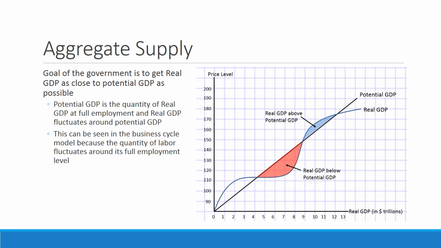The goal, of course, is to hit the black line. In reality, you don't want the expansions, because you have the expansions and you end up having the recessions. So if you could eliminate the recessions, you would be perfectly fine with eliminating the expansionary time period as well, because your potential GDP then would move right along with the natural rate of unemployment.